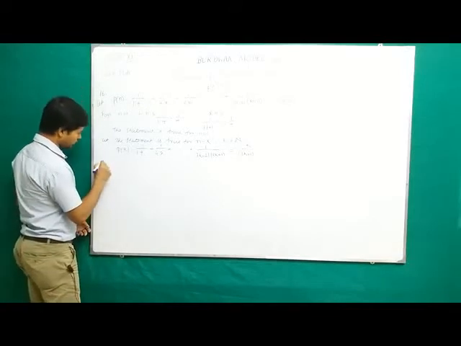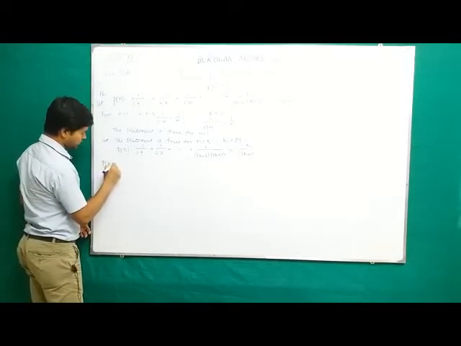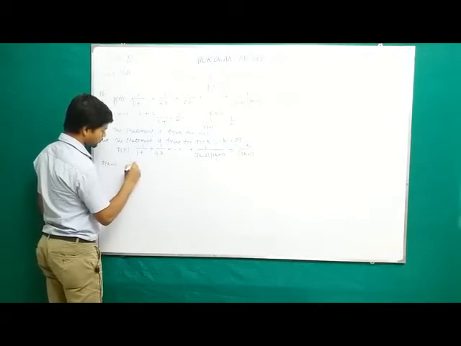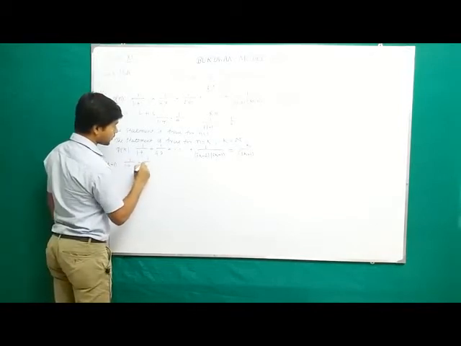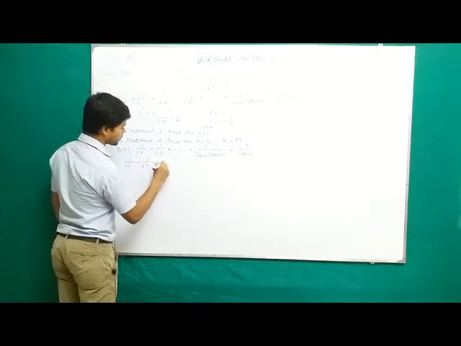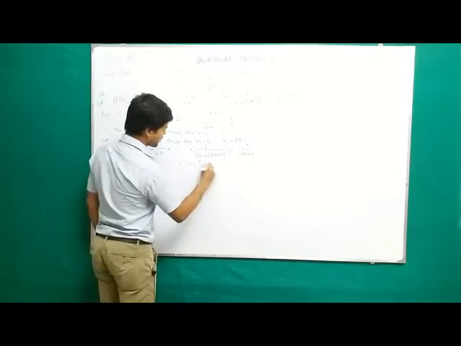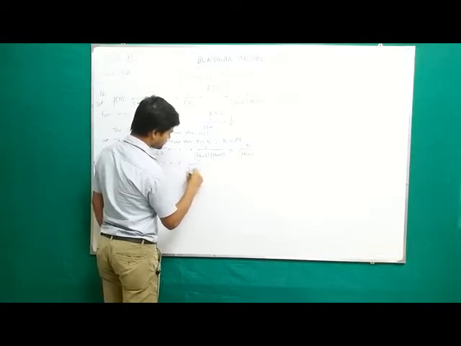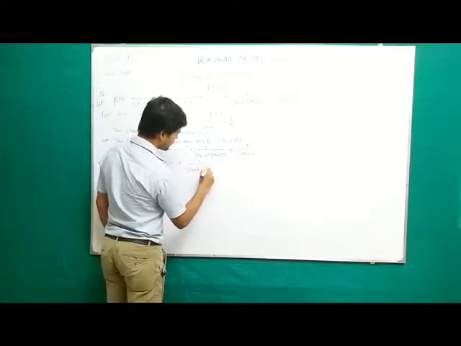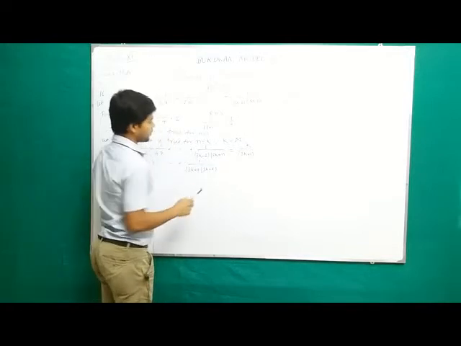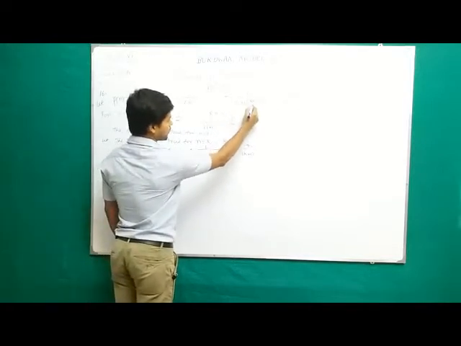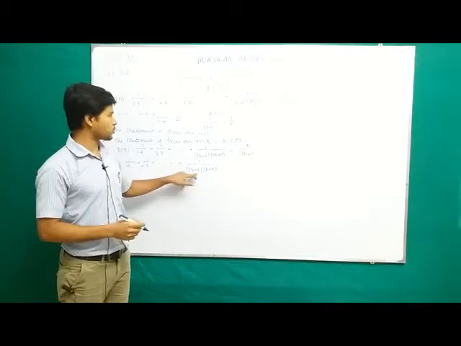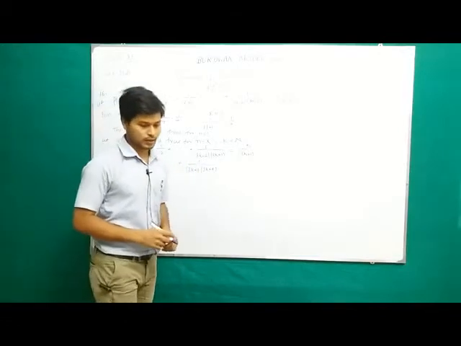For that, consider P of k plus 1, which is 1 upon 1 into 4 plus 1 by 4 into 7 plus ... plus the last term. If I put n equal to k plus 1, the last term will be 1 upon (3k plus 1) into (3k plus 4).